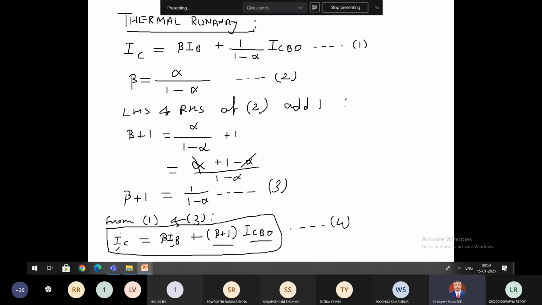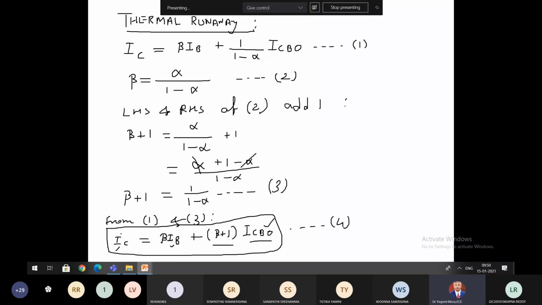Now if IC is increased, again more heat will be generated. If more heat is generated, then again the leakage current will increase. If the leakage current ICBO increases, then beta plus 1 times of that, IC will increase. So this is a cumulative process. Continuously IC will keep on increasing. Due to rise in temperature, leakage current is increasing, and due to that IC is increasing. And if IC keeps on increasing, there will be more heat generation.